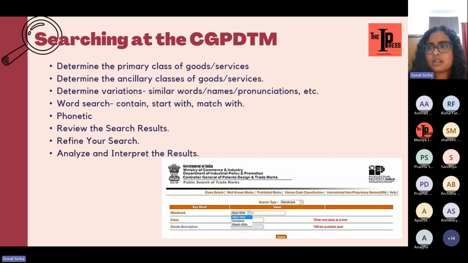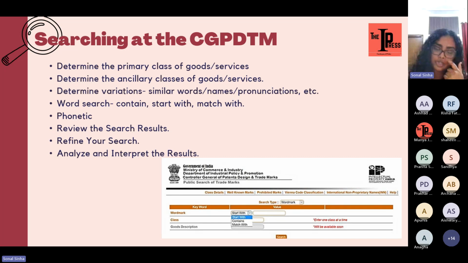A common rule of thumb that I follow is that I start with the contain search, and then I go to start with, and then I go to match with, because it's like a funnel. The contain search will contain the maximum number of trademarks. When you do a start with search, obviously the contain search will contain a lot of marks that start with that mark.